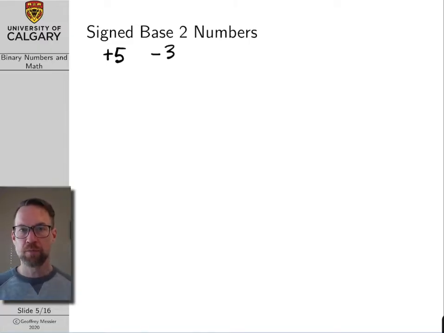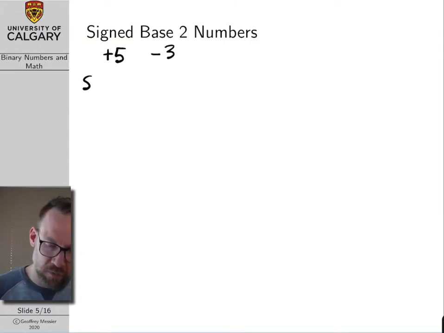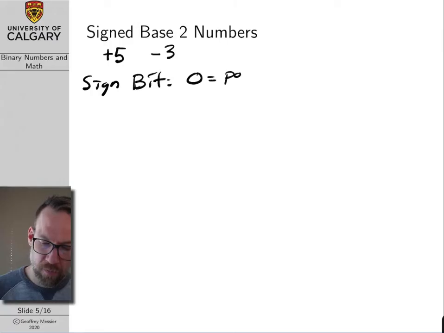Now, if we were thinking for the very first time about storing signed numbers in binary form, we might very logically say, okay, well, the sign can only take on 2 values, plus or minus. And so why don't we just have a bit on the end of the number that represents sign? So we could add a sign bit. And let's say 0 is equal to positive, and 1 is equal to negative.